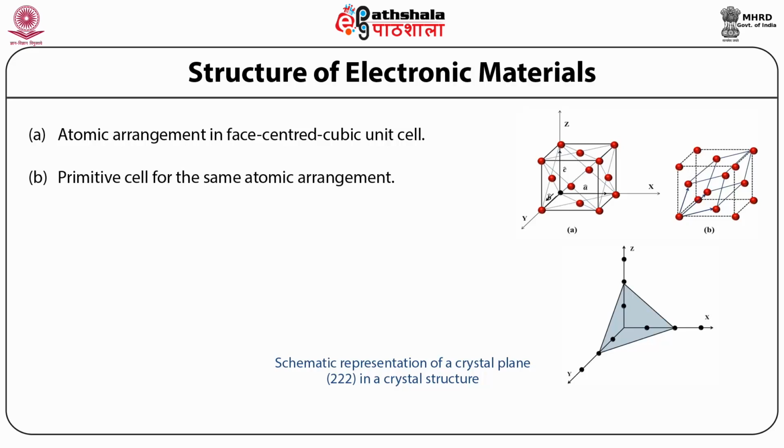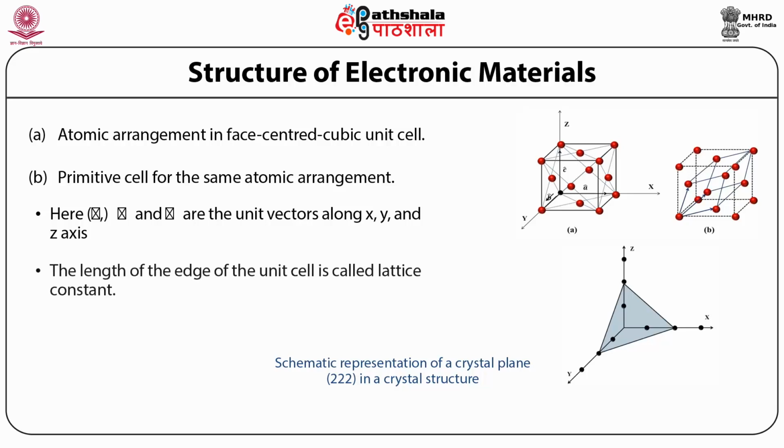As shown in figure A, a cap, b cap and c cap are the unit vectors along the x, y and z axes respectively. The length of the edge of the unit cell is called the lattice constant.